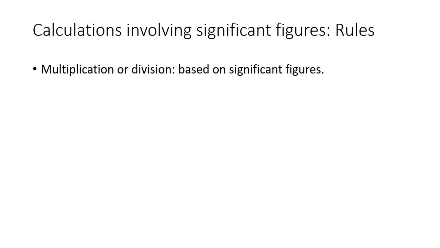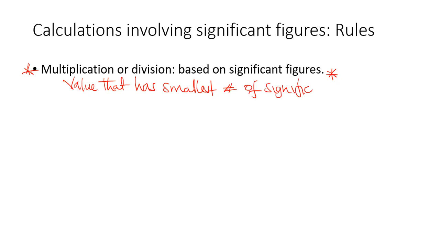If you are multiplying or dividing, your answer is based on the value that has the smallest number of significant figures in your calculation. So your answer will be based on that value.